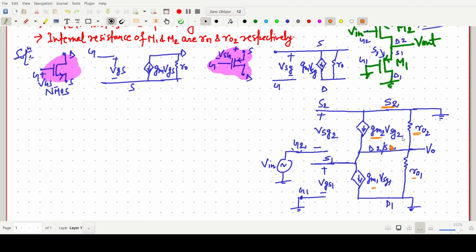So now the current in this R02 is simply V0 by R02. If some resistance is there, it is grounded, and this voltage is V0, and R02 is there.